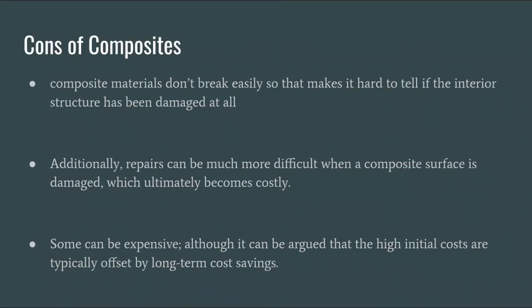Once you buy that equipment once, you can use it over and over again. And due to the longer durability of composites, you won't need to make them as often. So you might be spending a lot of money at the beginning, but it will pay off in the end, because you won't be remaking something often.